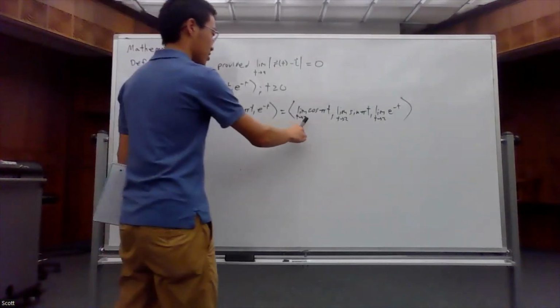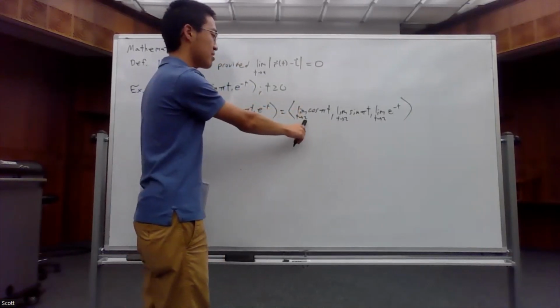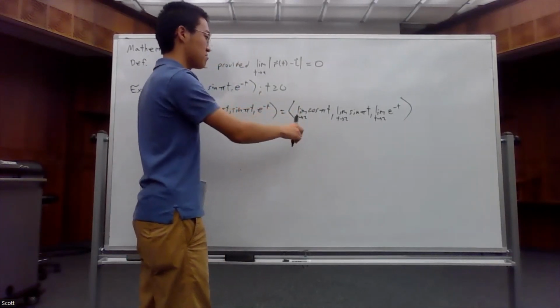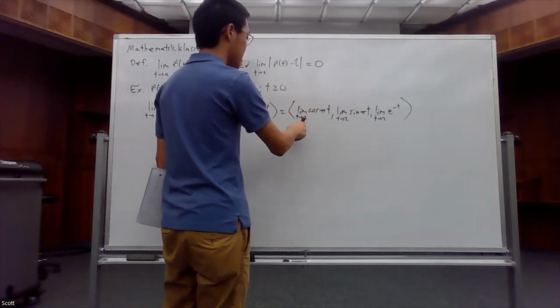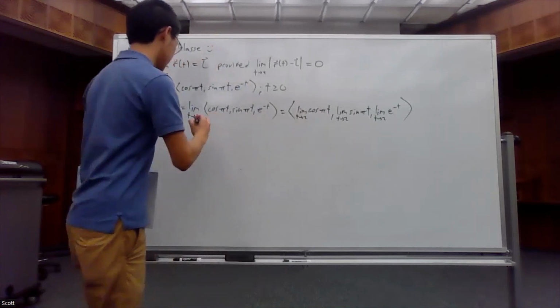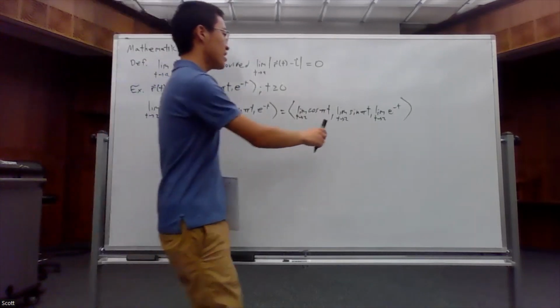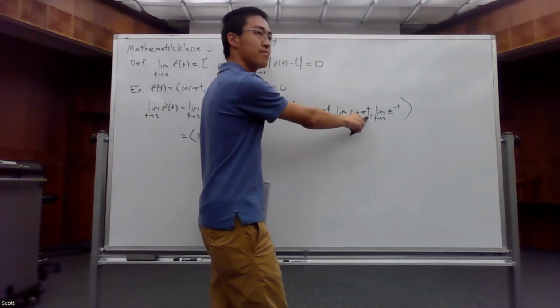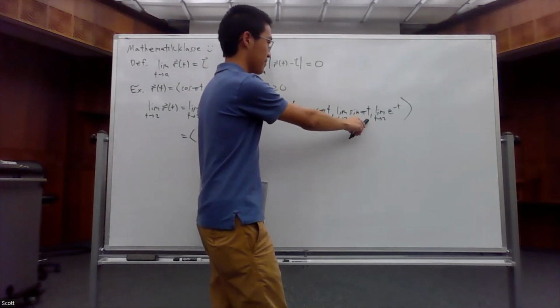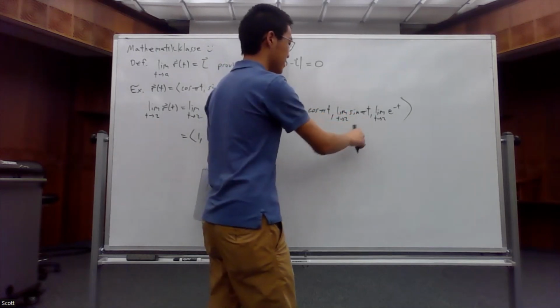Here, cosine pi t is continuous at t equals 2. It's actually continuous everywhere, but that's okay. So at 2, we can just plug it in. Cosine of 2 pi is what? Good. And is sine pi t continuous everywhere? Yes, sine pi t is going to be continuous everywhere.